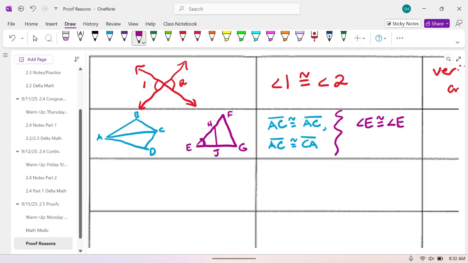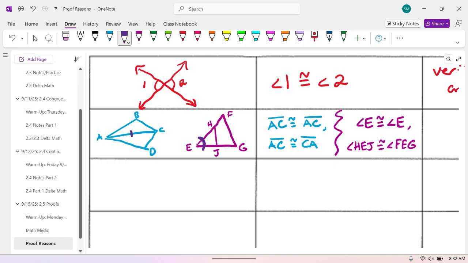Not the midpoint. I'm saying that this side is congruent to itself, and this angle is congruent to itself. Another way you might see this is angle HEJ is congruent to angle FEG. So I'm saying that this side's congruent and this angle's congruent. What property lets me do that?